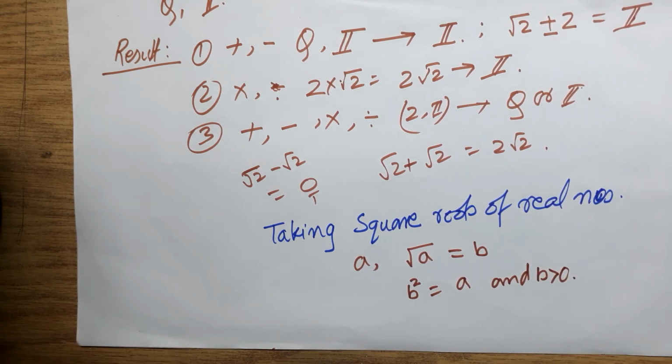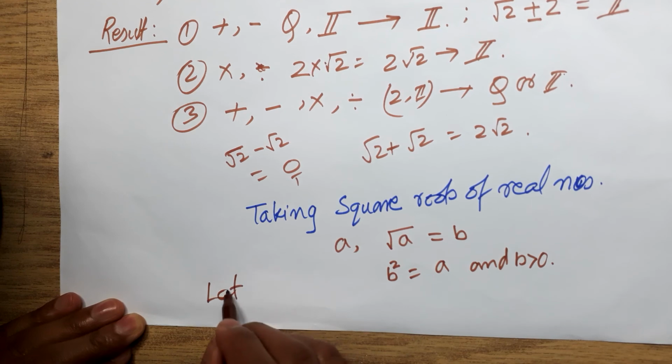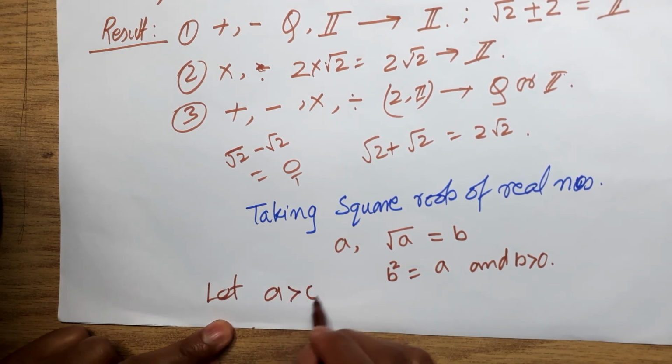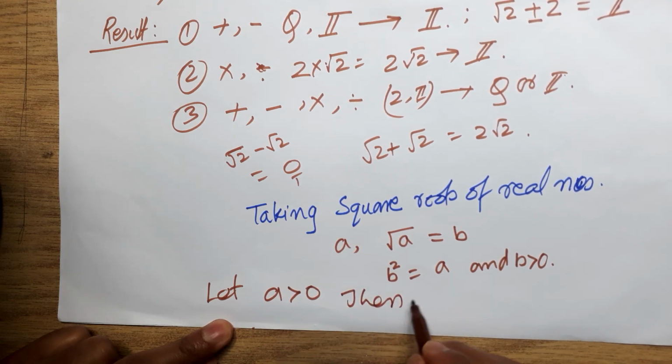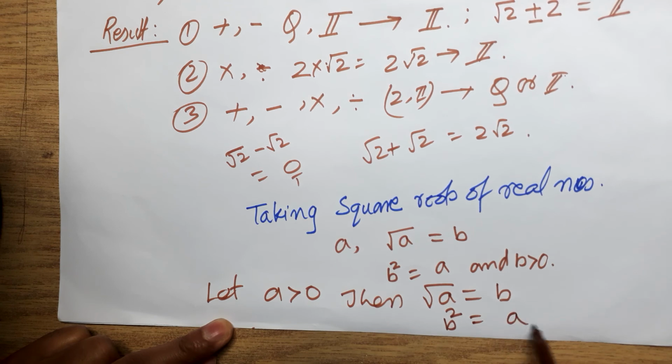This is what we have learned so far, and the same definition we can extend for a positive real number as well. Let a be any real number greater than 0, then square root of a equals b means b square equals a and b should be greater than 0.